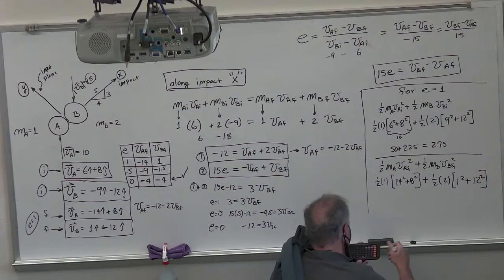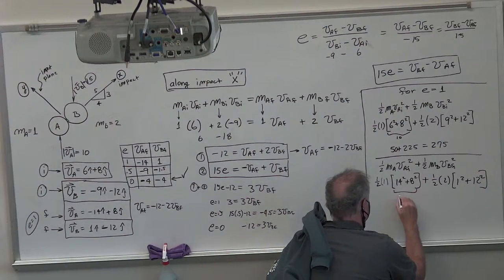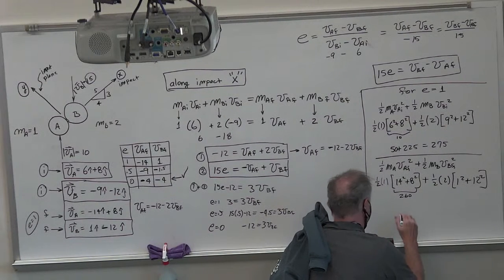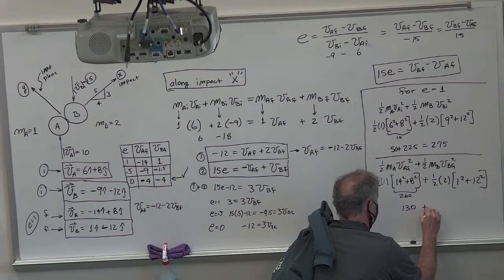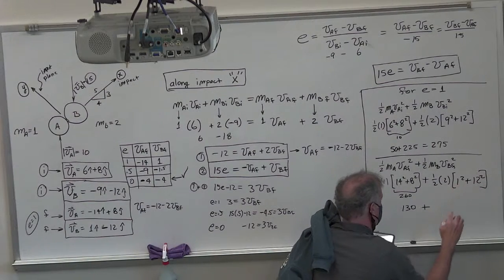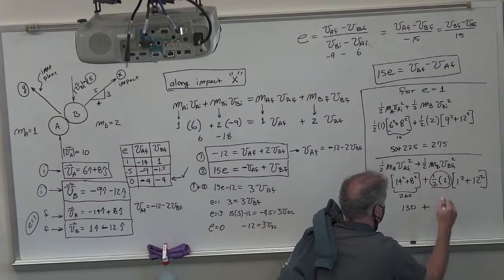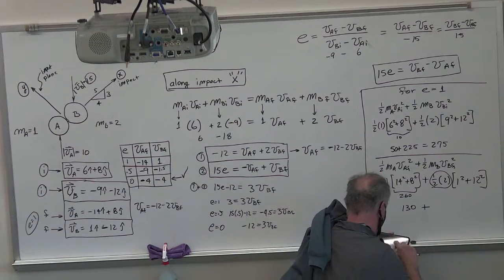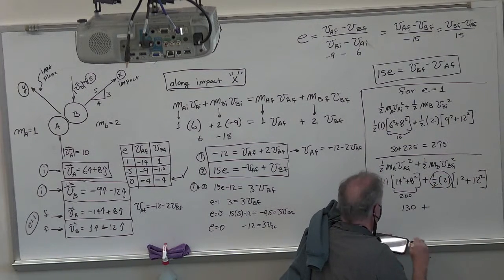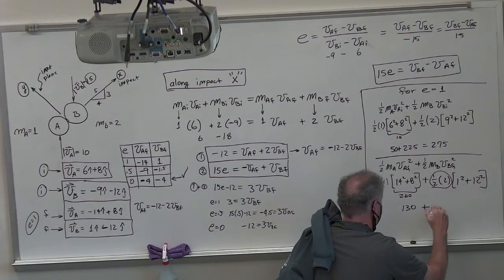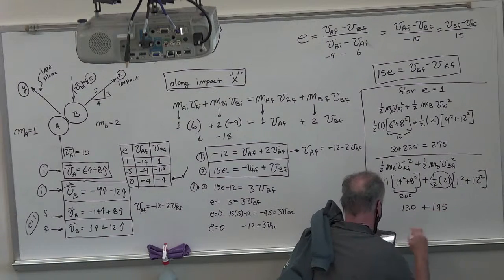This 260 divided by 2 gives me 130. This, okay, now this is 2.5, so that's just 1, so what I'm looking for is, okay, that's going to be 144, and that's going to be 1, so it's going to be 145.